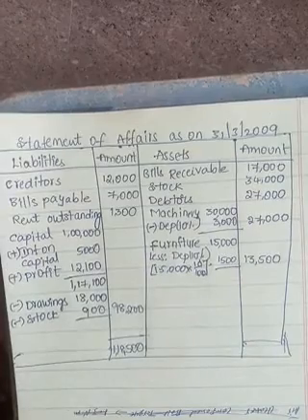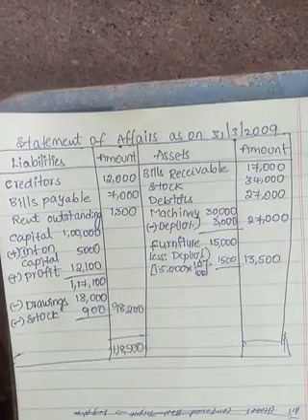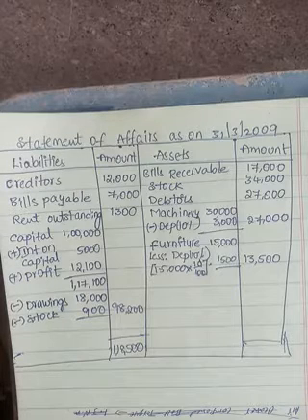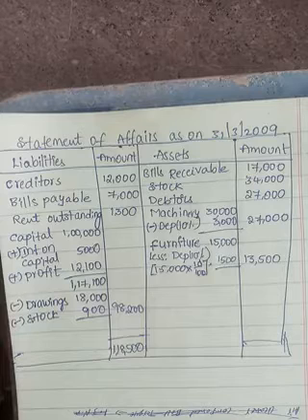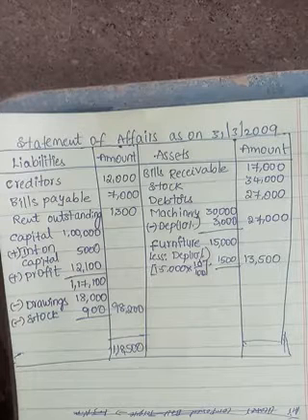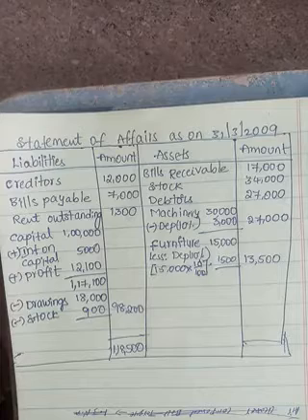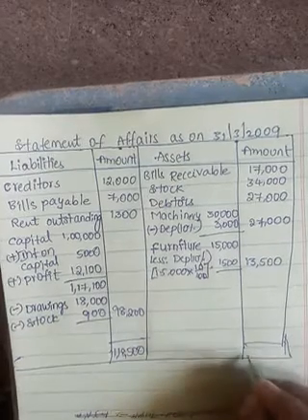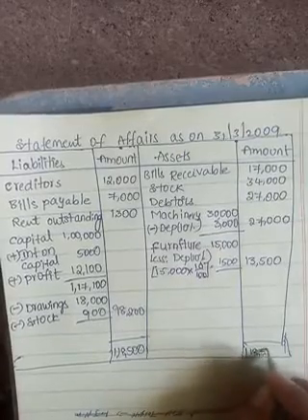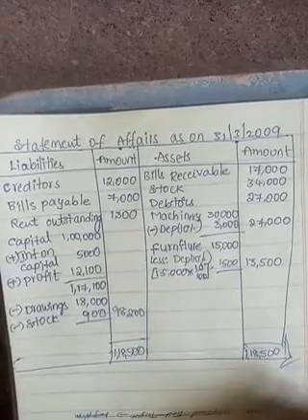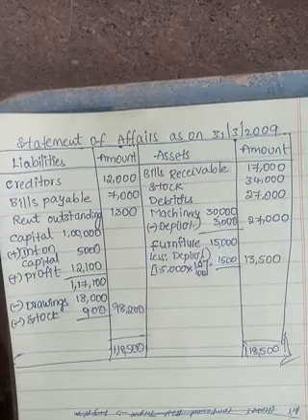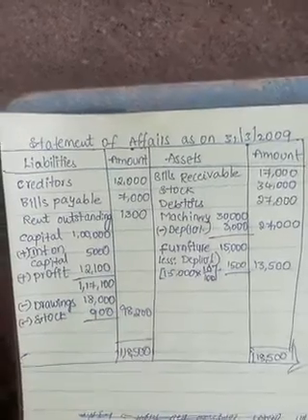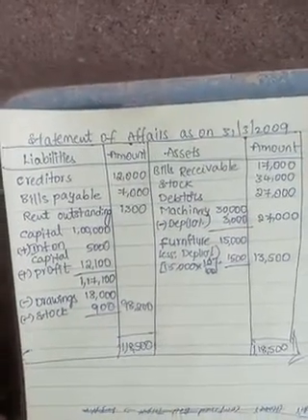Next, the asset side: 17,000 plus 34,000 plus 27,000 plus 27,000 plus 13,500 is 1,18,500. Both sides are the same, so our problem is correct. Okay, then see the next problem.